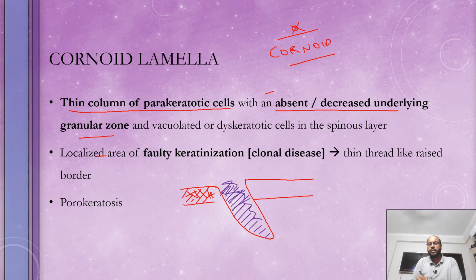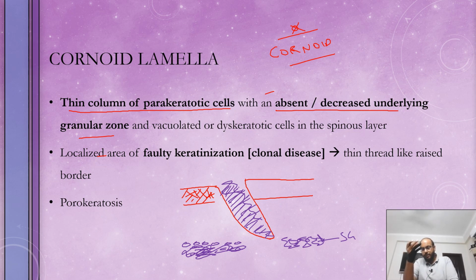And below the parakeratotic nucleated cells, the granular layer would be absent. So this purple is stratum granulosum, and just below the tip of the cornoid lamella, the granular layer is either absent or just deficient. So that is how you describe a cornoid lamella.